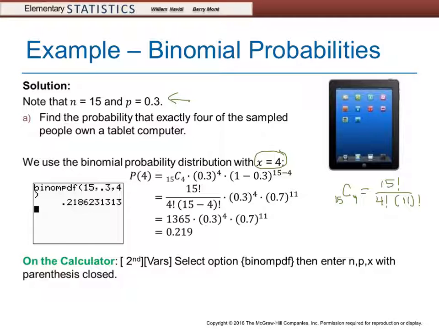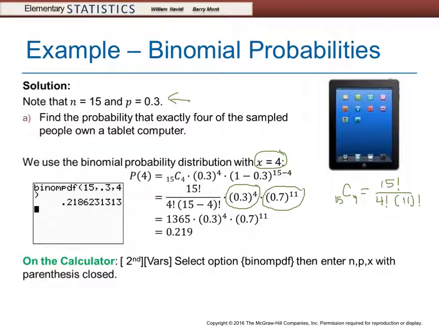Okay? Now we calculate the probability of success, which is 0.3 raised to the 4th power, right? Because there were 4 successes. And then we know that the probability of failure was 0.7, and we're left with 11 of those individuals that don't have a tablet.